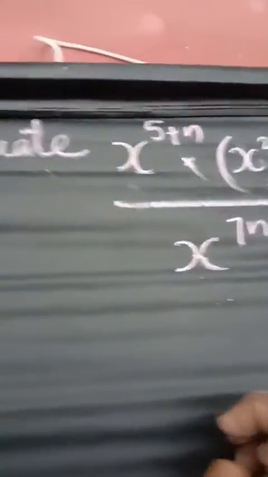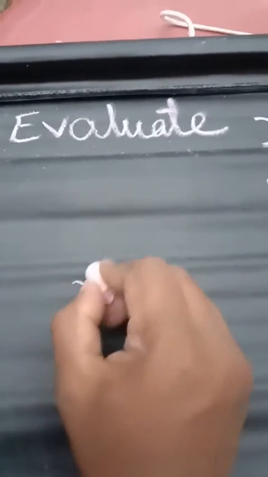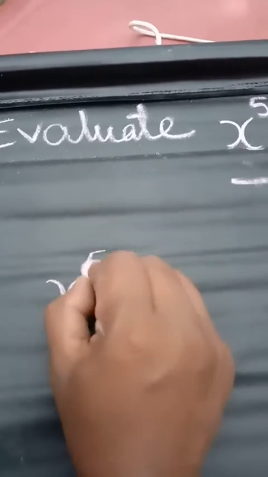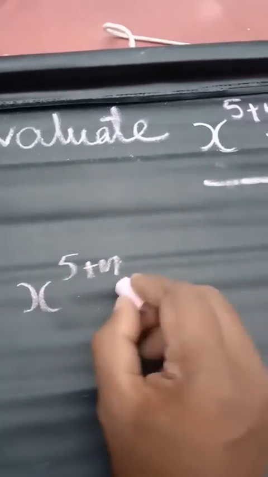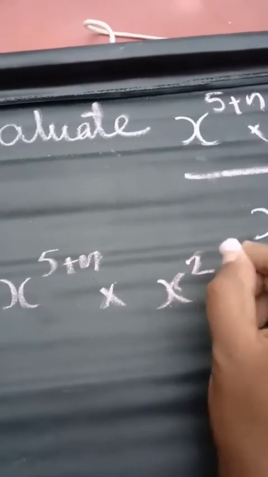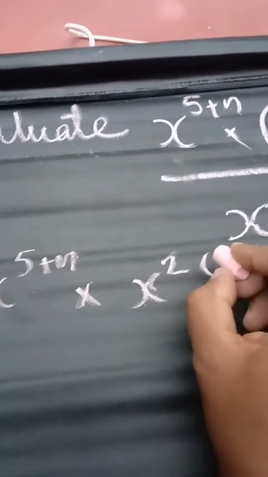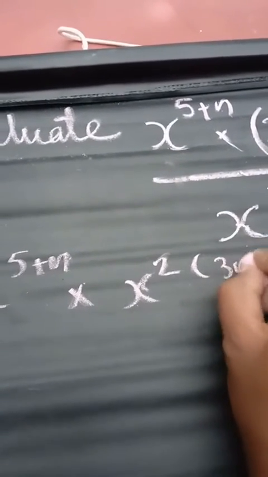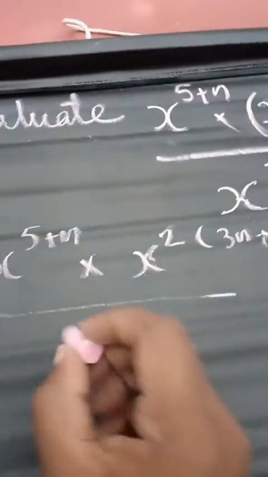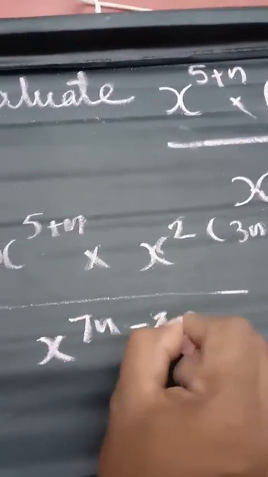That is x raised to 5 plus n into (x square) raised to 3n plus 1, divided by x raised to 7n minus 2.